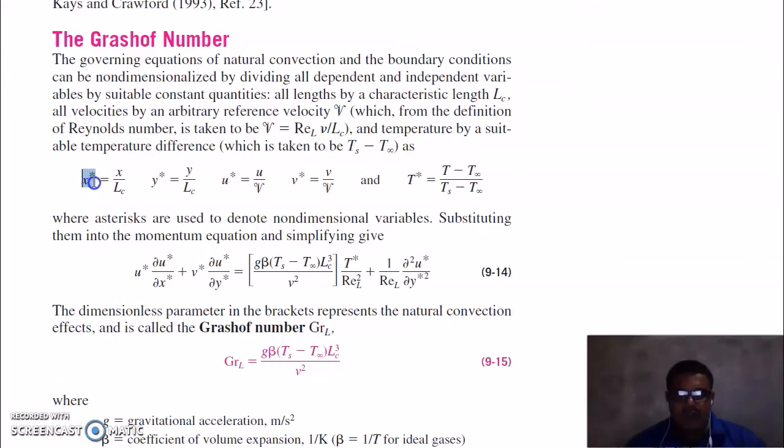So these are your dimensionless numbers: x* = x divided by the characteristic length, u* = u divided by the reference velocity V, v* = v divided by the reference velocity V, and T* = (T − T∞)/(Ts − T∞).